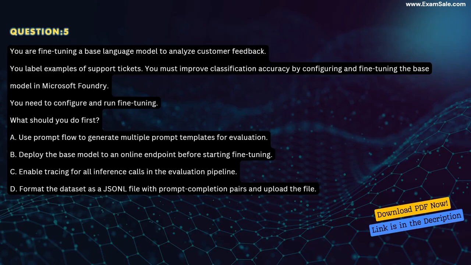A. Use prompt flow to generate multiple prompt templates for evaluation. B. Deploy the base model to an online endpoint before starting fine-tuning. C. Enable tracing for all inference calls in the evaluation pipeline. D. Format the dataset as a JSONL file with prompt completion pairs and upload the file.